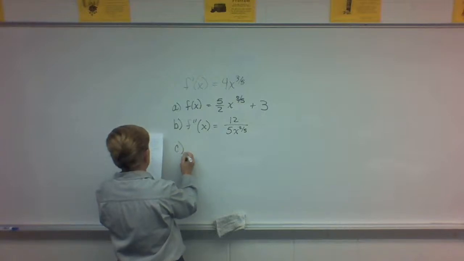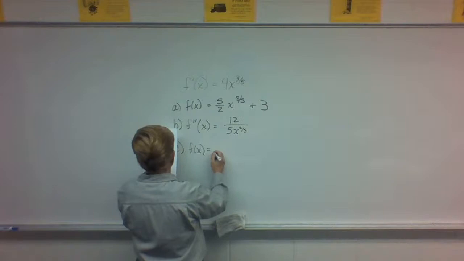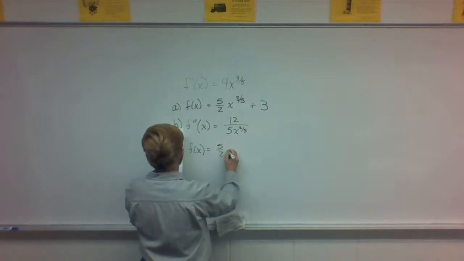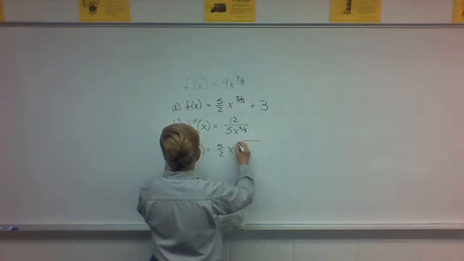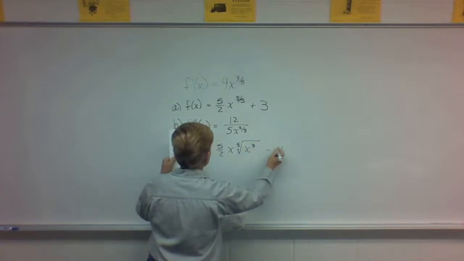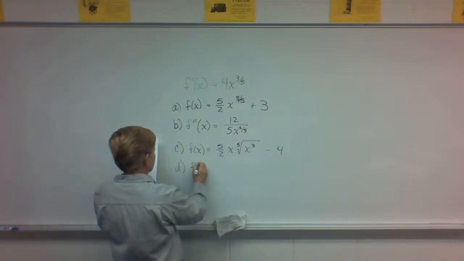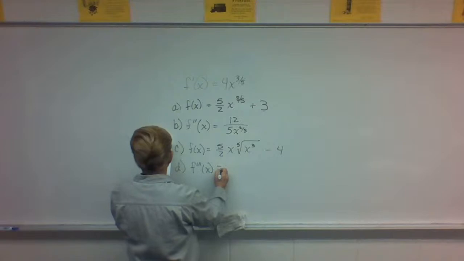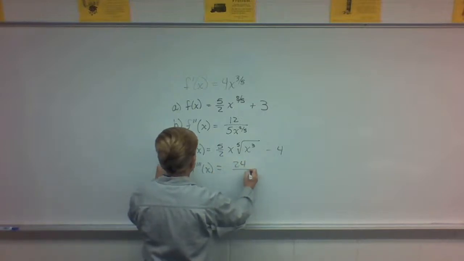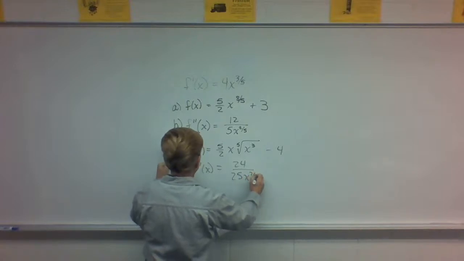B or C is f of x equals 5/2 x times the 5th root of x cubed minus 4. D, the third derivative is 24 over 25 x to the 7/5.